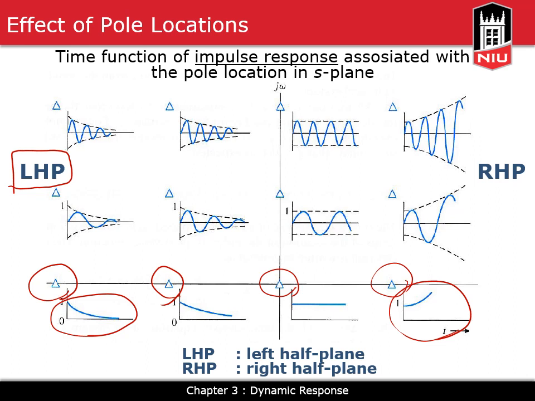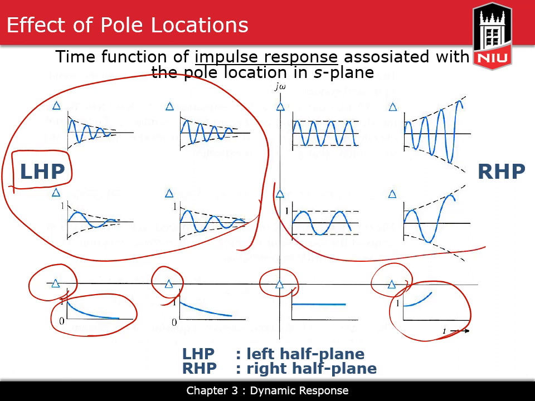Now, what if the poles are complex and not purely real numbers? If you have complex poles, then they will be somewhere in the left half plane here, or here, or maybe even on the j omega axis.